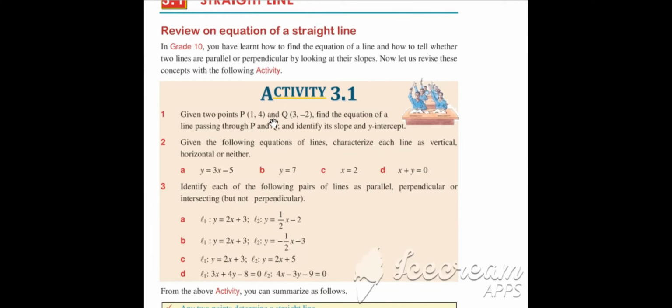Given two points P and Q, we can find the equation of the line that passes through point P and point Q. When two points are given, we can find the equation of the line that passes through these two different points, as follows. Let us see on the whiteboard.